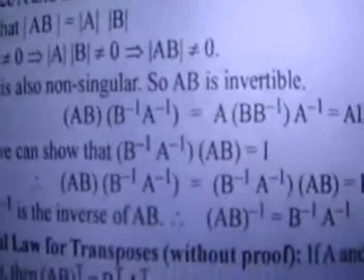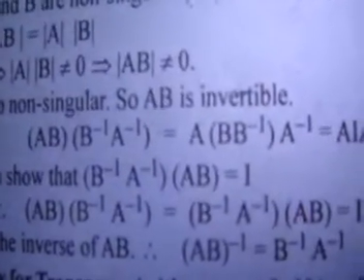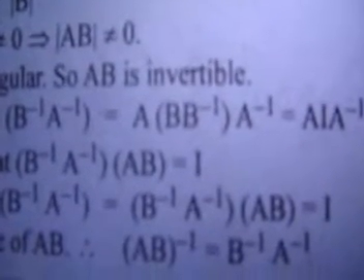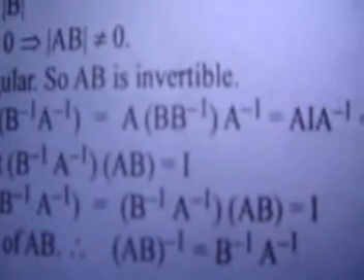Hence, this is equivalent to the identity matrix, okay. Therefore, AB into B inverse A inverse equals B inverse A inverse into AB, which is equivalent to the identity matrix.